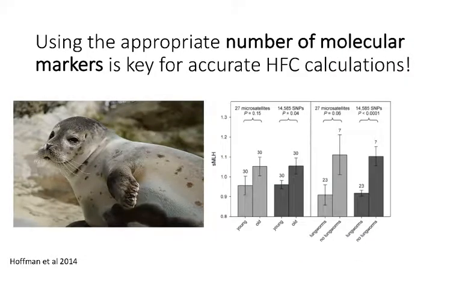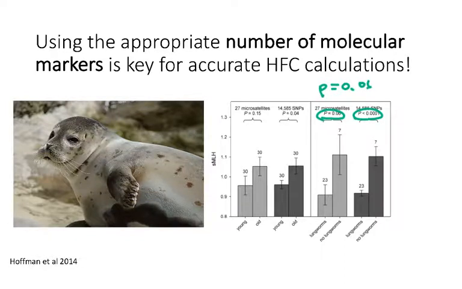Another really important point to make here is that the type of marker you use to calculate these HFCs is really important. So in this study here, they were looking at different populations of harbor seals. And what they found is that they got different results depending on whether they used microsatellites or SNPs. So this graph is a little bit complicated, but the overall idea here is that if we focus on the p-value difference when you're using microsats versus SNPs, the p-value when they used microsats was 0.06.